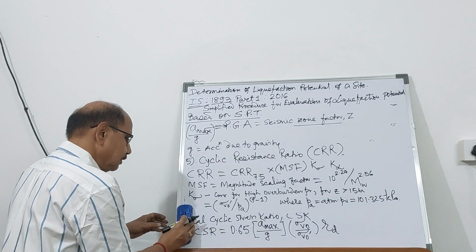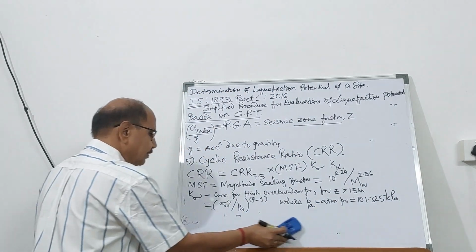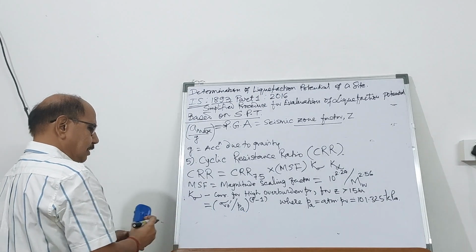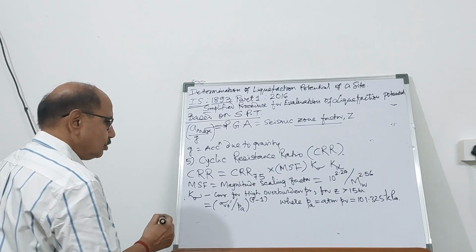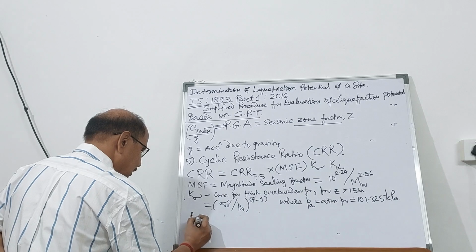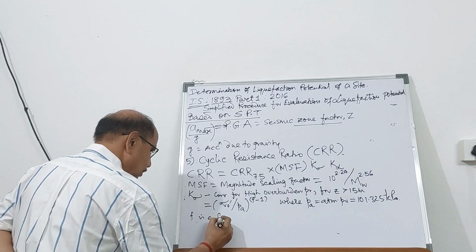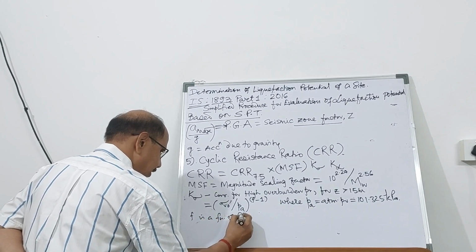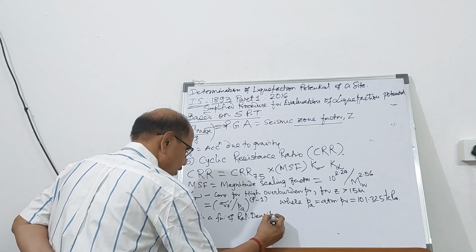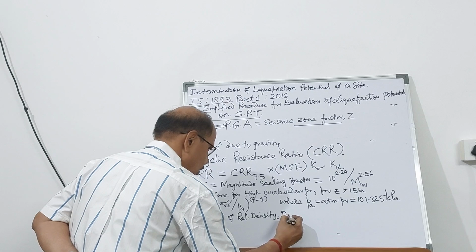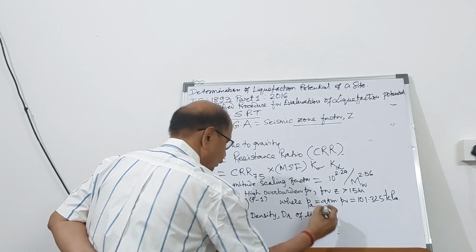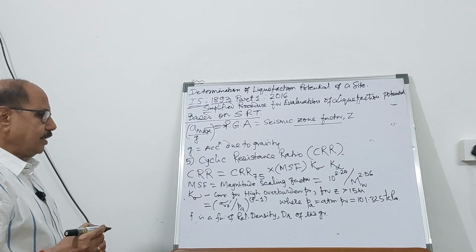And the value of F depends upon the relative density of the ground. So this F is a function of relative density of the ground. So what is the relative density?